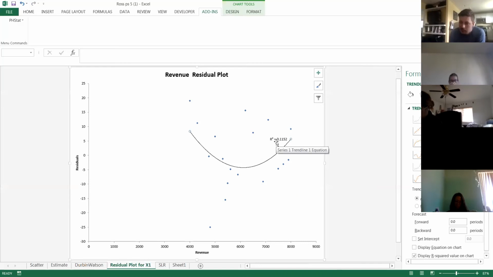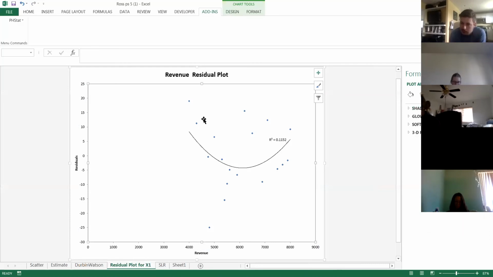But if we notice our R squared here, it's 0.1, so it's not quite to that number. So what I would say, no pattern. I know we see that, but all the data points don't really align with it enough. So I would say, no, they're not there. There's nothing there. So I would say for linearity, we're okay. Okay, linearity is okay.